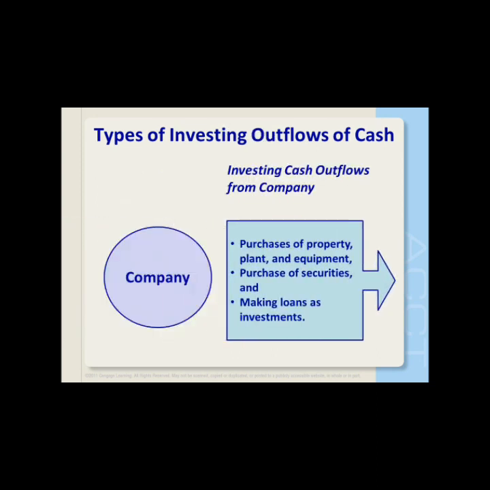And investing cash outflow from company is purchase of property, plant and equipment. Like what I said before, we purchase fixed asset, purchase of securities and making loans as investment.